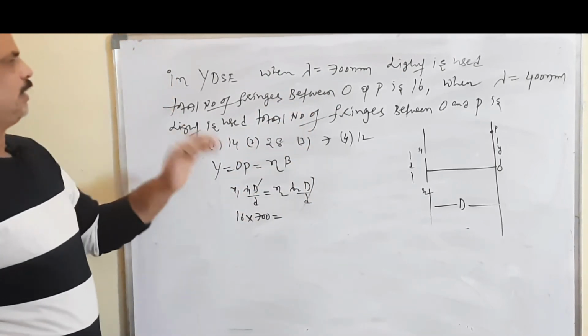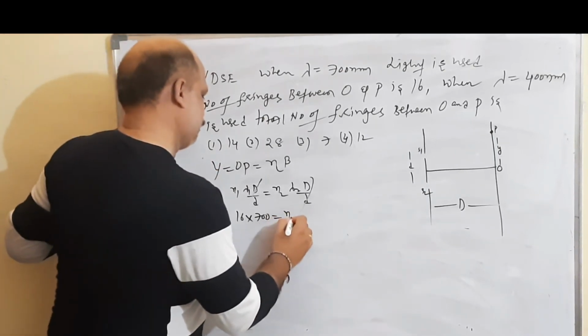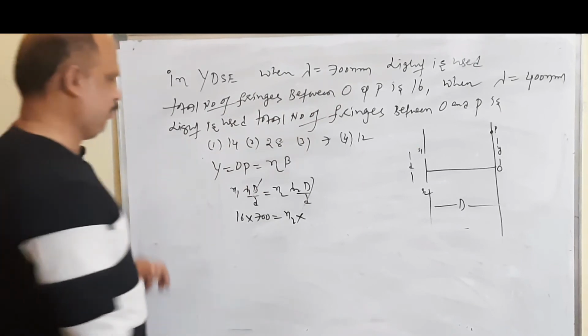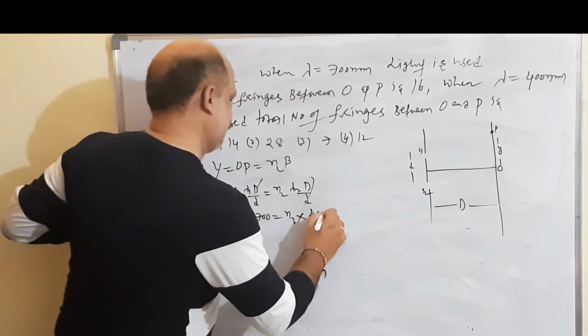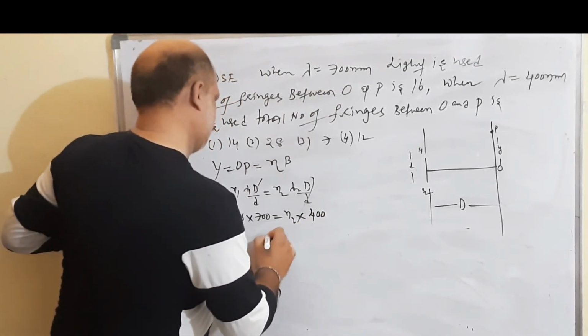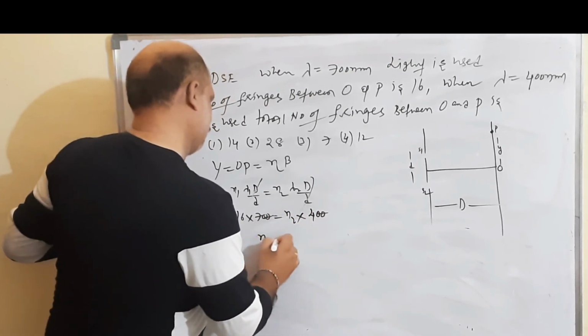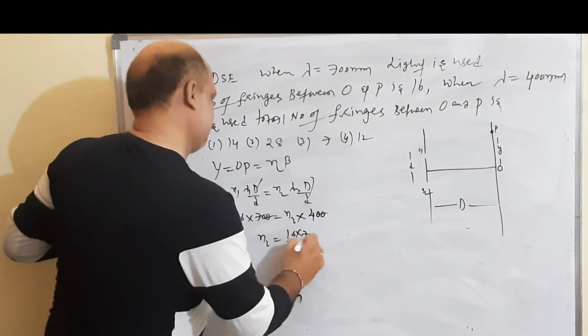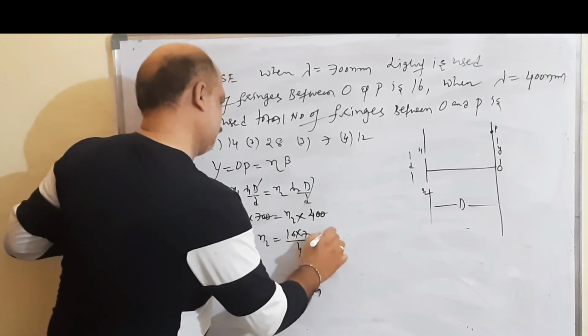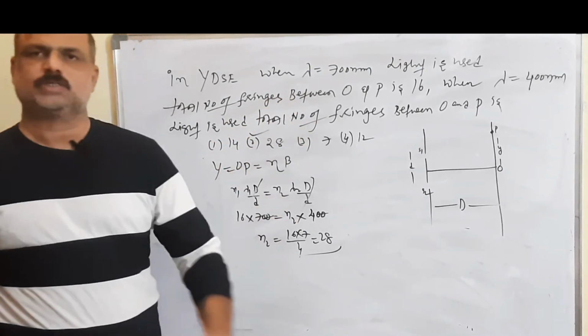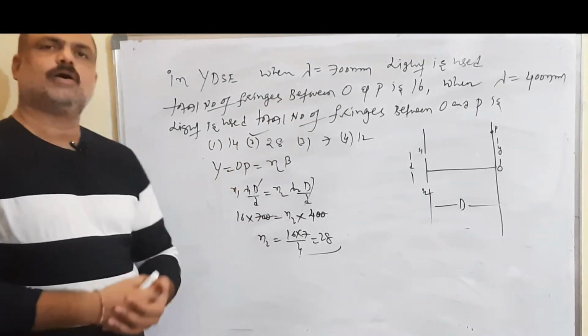Here n2, we don't know n2. Lambda 2 is equal to 400 nanometers. So here 0 0 cancel. n2 is equal to 16 into 7 by 4, that is equal to 28. So our option is 28. So this is the answer of this problem.